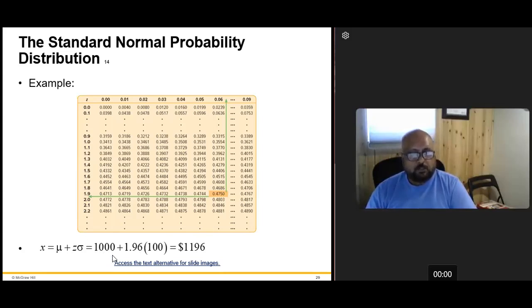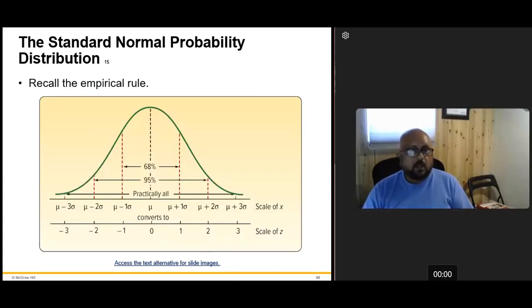So we can substitute mu is 1000, and standard deviation is 100, and the Z value is 1.96, which gives us a value of 1196. Basically, this refers to the earning, not a driver. So the earning that makes the 97.5 percentile is $1,196.